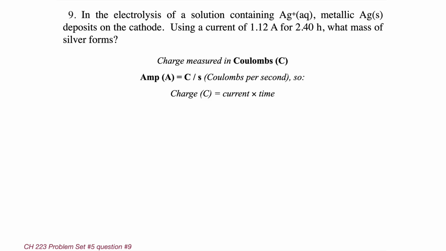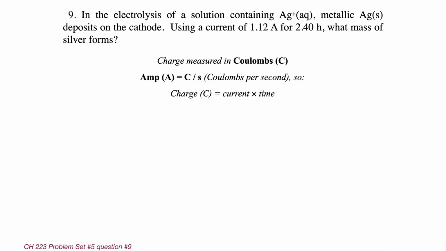That amp, which is how the current is measured, an amp is nothing more than a coulomb per second. So if you have a current of 1.12 amps, that means you have 1.12 coulombs going by per second. So what I would do in a problem like this is automatically turn amps into coulombs per second.